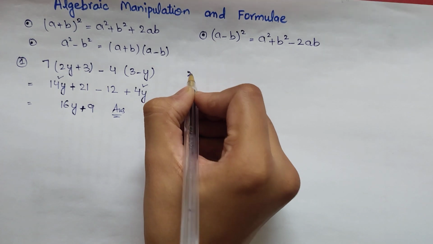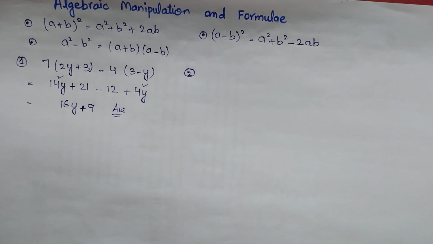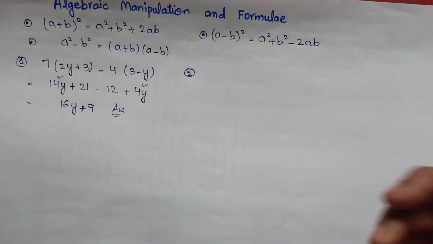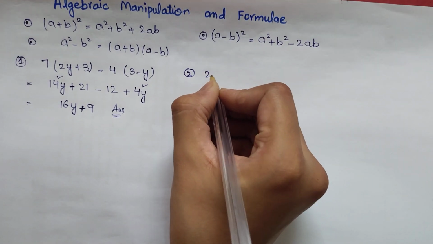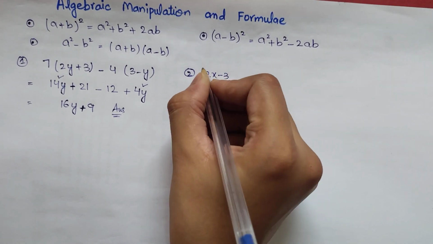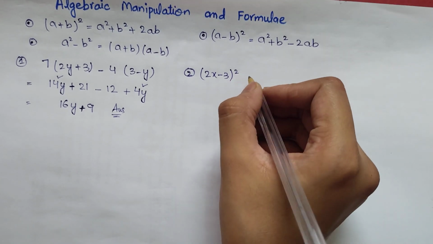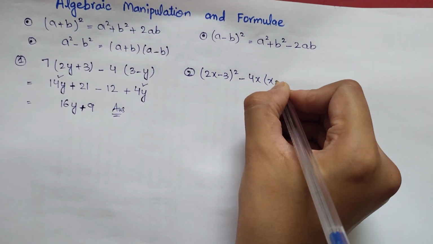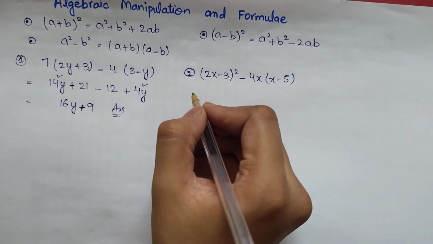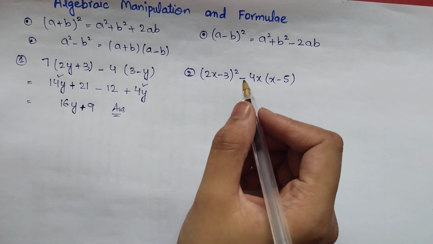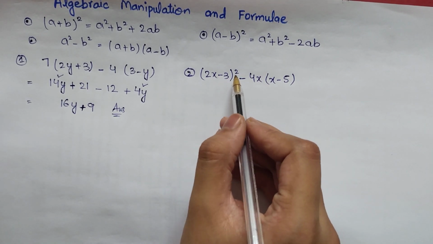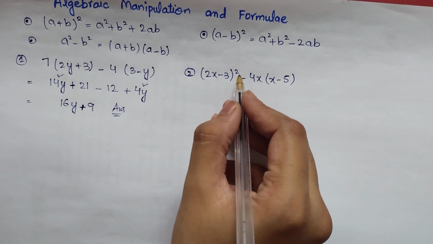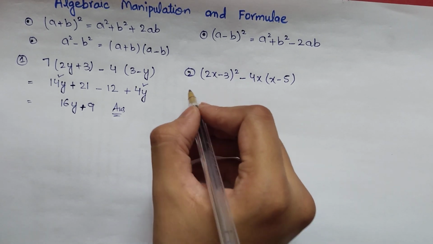Next, another example. I'm writing question number 2, in which you also have to simplify the expression. The question is (2x − 3) whole square minus 4x into (x − 5). Again you have to just simplify it. We see (2x − 3) whole square, so our first step is to open this formula.